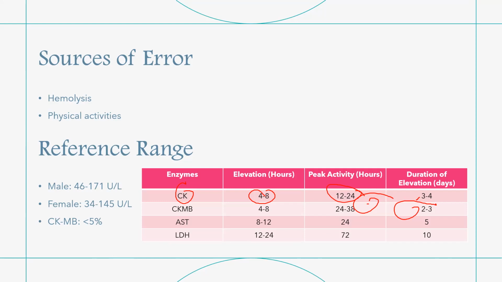For AST, take note, it is the first non-specific enzyme that will increase in cases of acute myocardial infarction. Elevation is at 8 to 12 hours, peak level is 24 hours, and duration is 5 days.